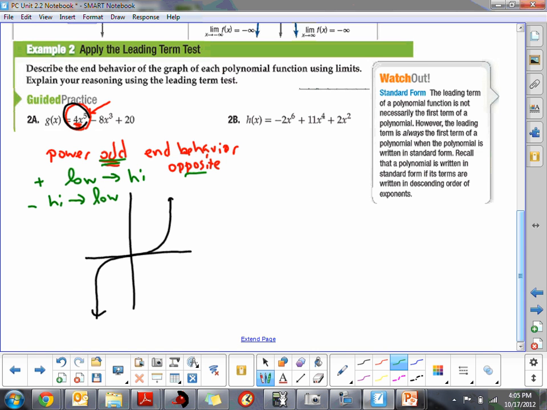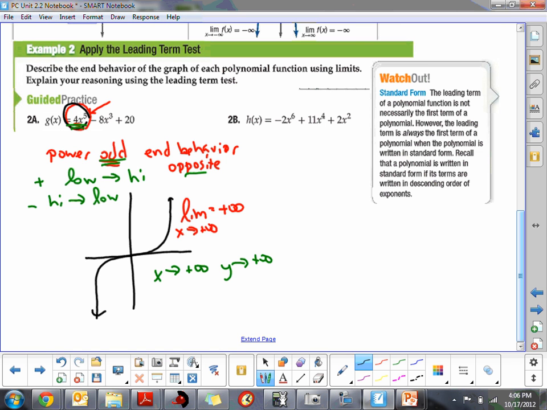So what I can do very quickly with end behavior is, as soon as I spot this, I know it's an S shape going from low to high because it's a positive coefficient. So as x approaches positive infinity, y approaches positive infinity. Now when they do this, they want us to start using some limit terminology in symbols. So the limit as x approaches positive infinity is positive infinity.